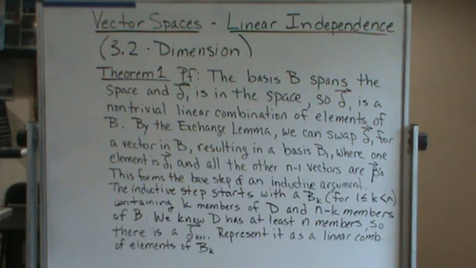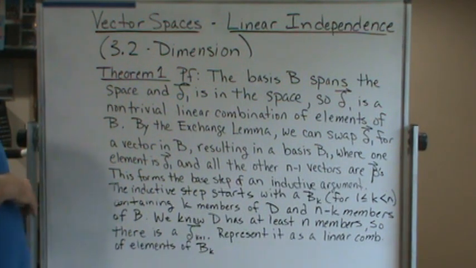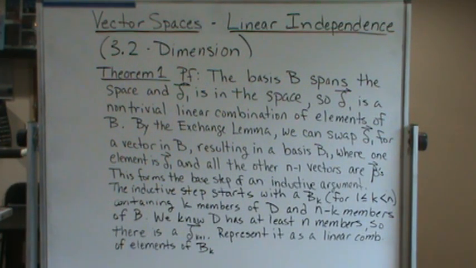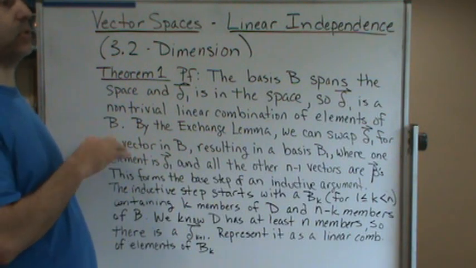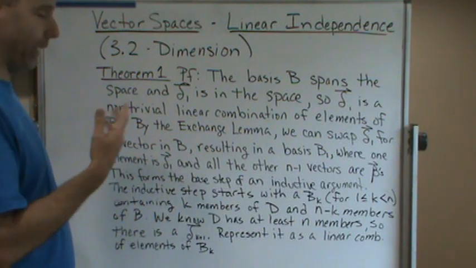Now, in the last one, we said, look, we have two vectors, right? We have vector B, and we chose vector B to be a basis with minimal members, so n.